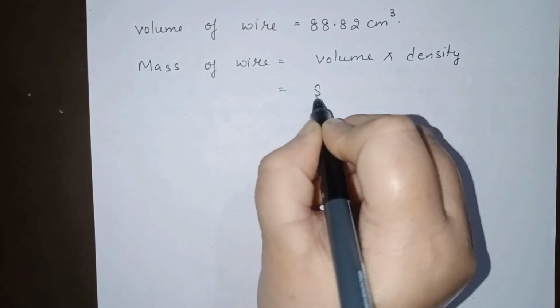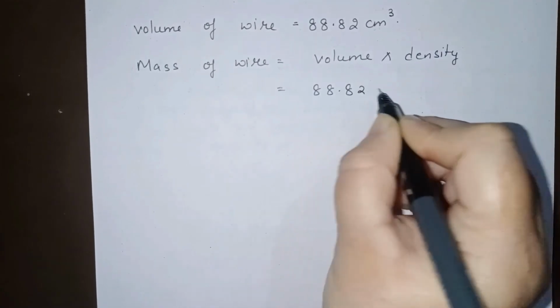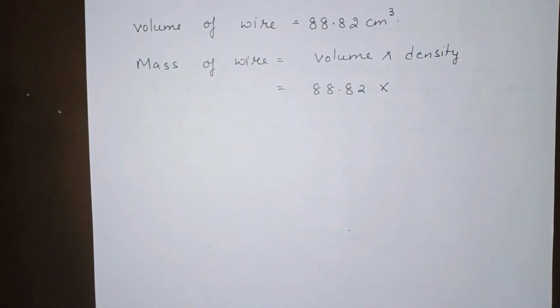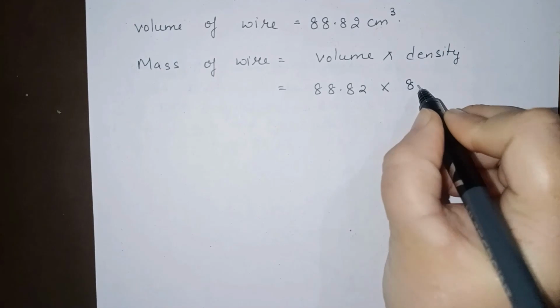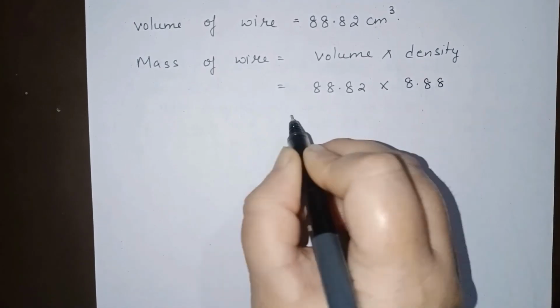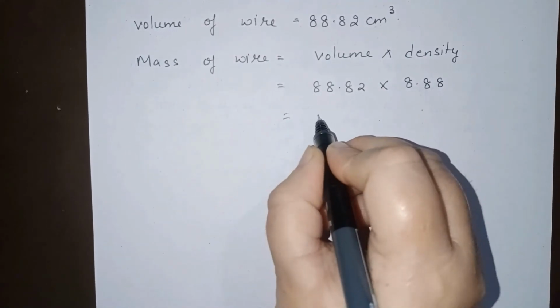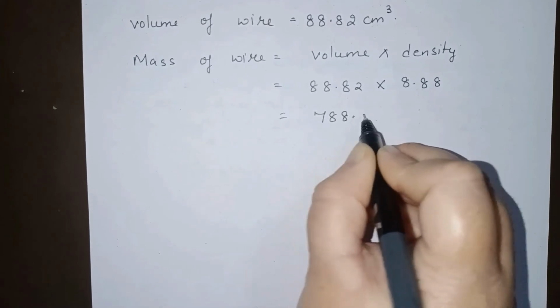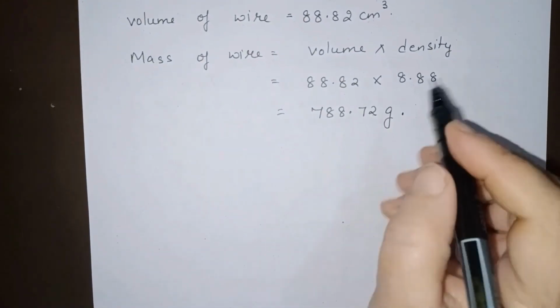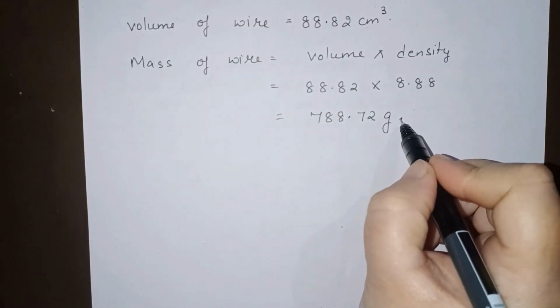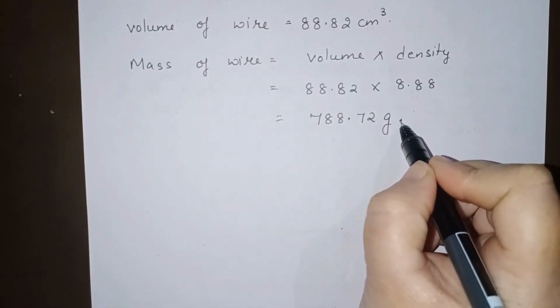Now volume is 88.82 and the density is 8.88, and when we will multiply it, we will get 788.72 grams. This will be the answer. So mass of the wire will be 788.72 grams.